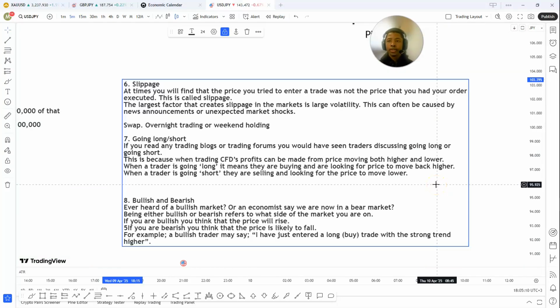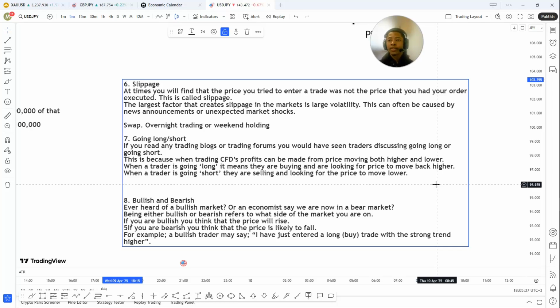Now, going long, going short. In the binary option market and other markets, they say they are going to put or call. Basically, call means buy and put means sell. Same as in Forex, going long means buying a position. Going short means selling a position. Right.